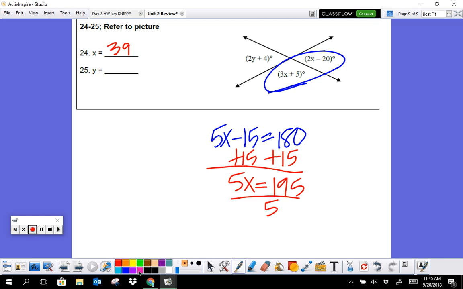Okay, now I'm going to take that 39 and I'm going to plug it in for this x right here in this bottom angle. So 3 times 39 plus 5 is 122.